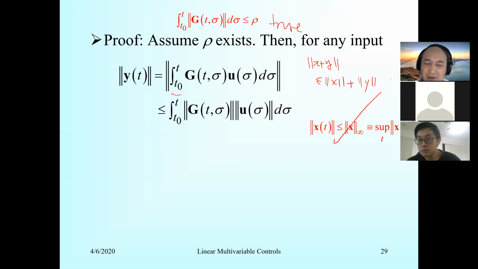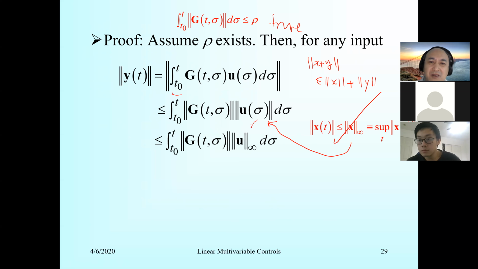So I pick up the largest one, the infinity norm of u, and replace u(sigma) with its maximum. Then this is a constant and has nothing to do with sigma, so u comes out of the d sigma integral.